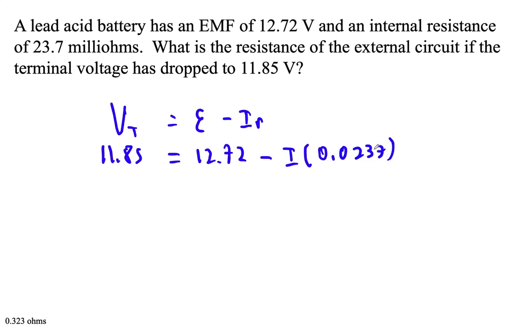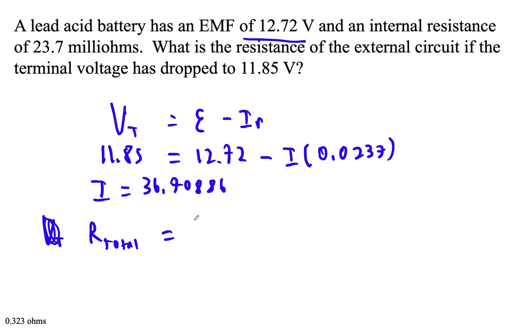I don't know if this will make more sense. This is the way I initially did it. Minus 12.72, divided by negative 0.0237. And again, I get that the current is equal to 36.70886.